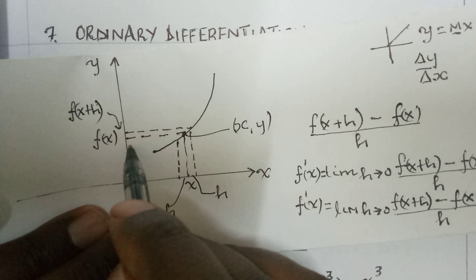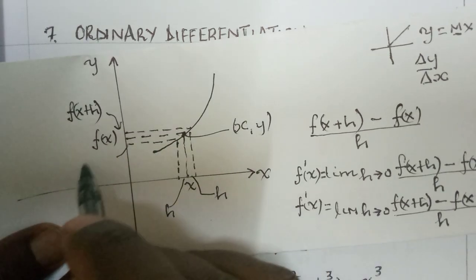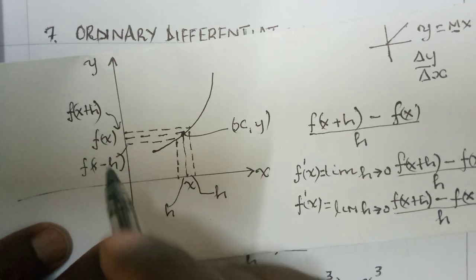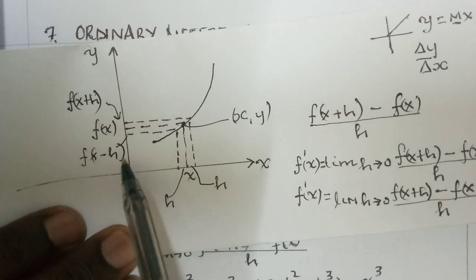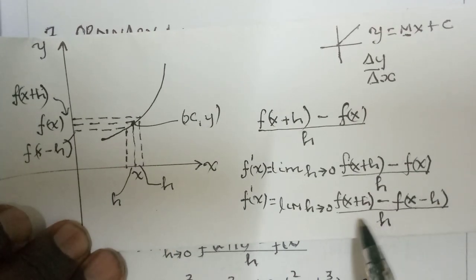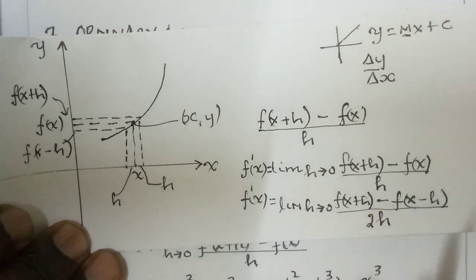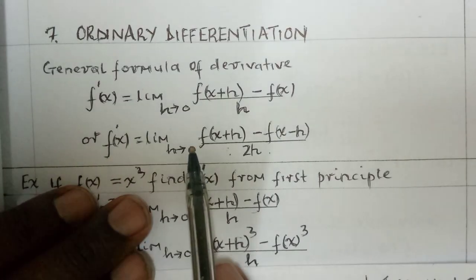So this other point will be f(x minus h. So the change is f(x plus h) minus f(x minus h), divided by 2h.